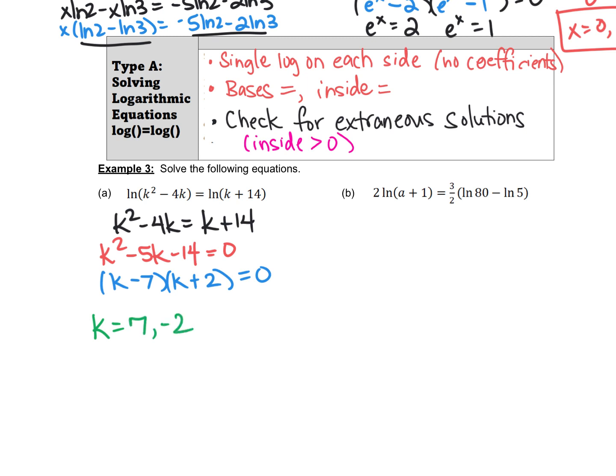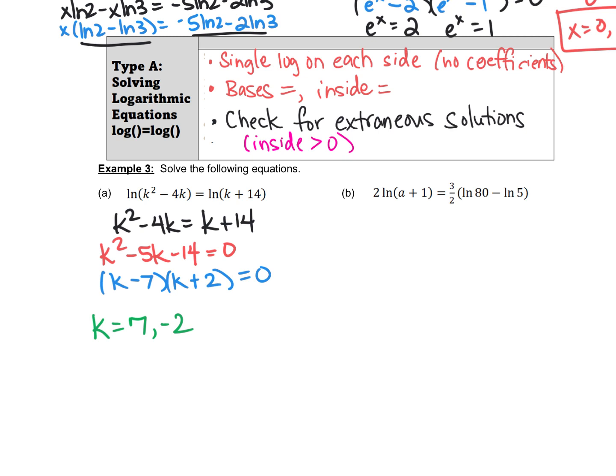Now, let's check them. I put 7 in for inside the logarithm. 7 squared minus 4 times 7. Positive or negative? Positive. And then 7 plus 14. 7's good. All right. Let's put -2 in there. -2 squared, positive. -4 times -2, positive.